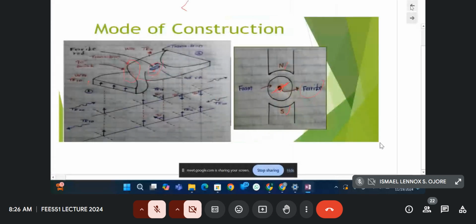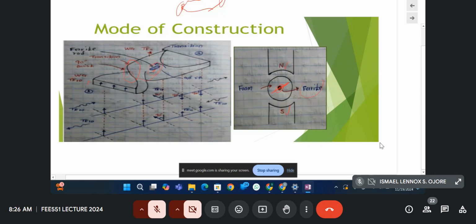We are on the mode of construction. Let me go back to the gyrator. The gyrator is tapered on both sides. These are the tapers we are talking about. Again, it is for the same purpose, to reduce the reflections. Because here we are at a boundary, and one of the causes of reflection of a wave is a change in boundary.